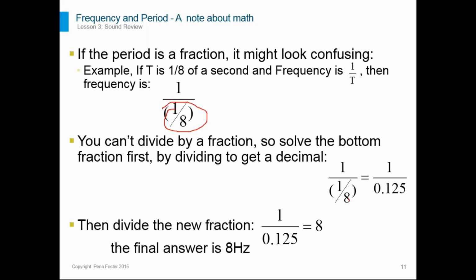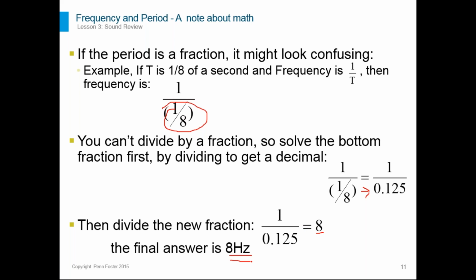So we have 1 over 1/8, and that becomes 1 over 0.125. All we did was put into our calculator 1 divided by 8, and that gave us 0.125. Okay, so that's step 1. And then our next step is divide what we have left. Now we have 1 divided by 0.125, so we have that here. 1 divided by 0.125 gives us 8. So that means that's our final answer, 8 hertz.